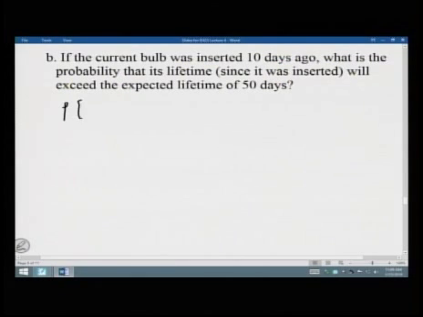That is the probability, given that T1 is greater than 10, since the current light bulb was inserted 10 days ago. Given that information, you want to know the probability that its lifetime will exceed the expected lifetime of 50 days. So we want the probability that T1 is greater than 50. That is the desired probability. Does that make sense?